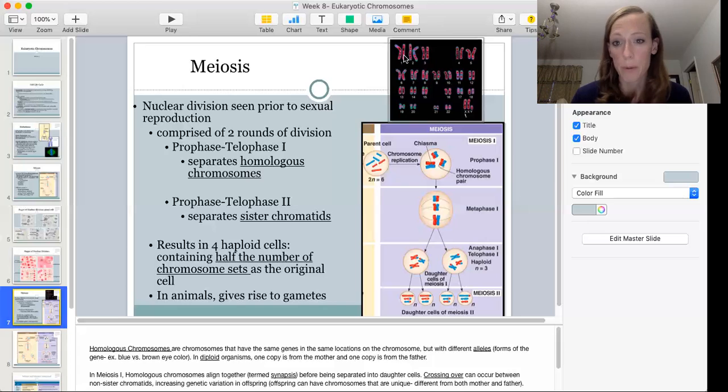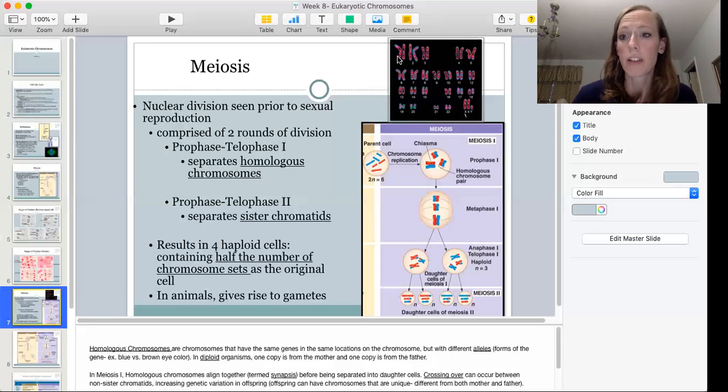So for example, on chromosome 1, I'm just making this up, I don't know which chromosome it's encoded for, but you might have a gene that encodes for hair color. You may have inherited a different form of that gene, a different allele, from your mother than you did from your father, but the trait would be encoded for at the same location on the same number chromosome.